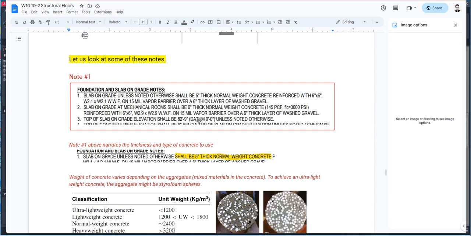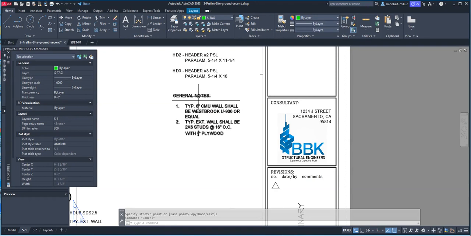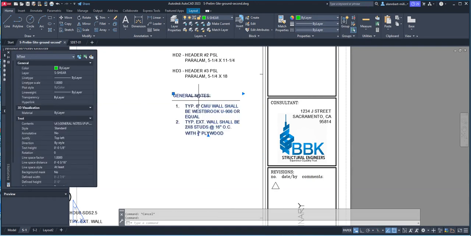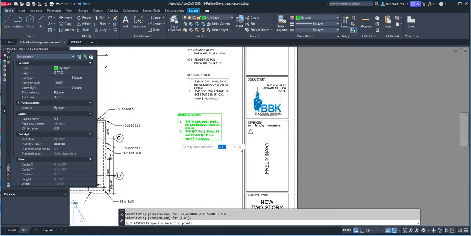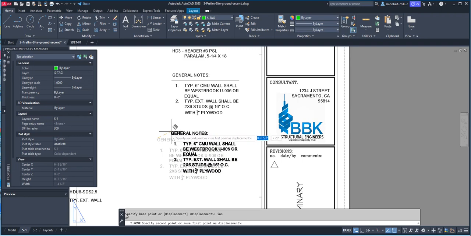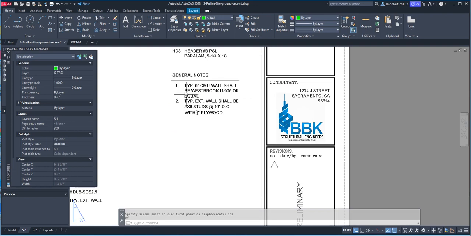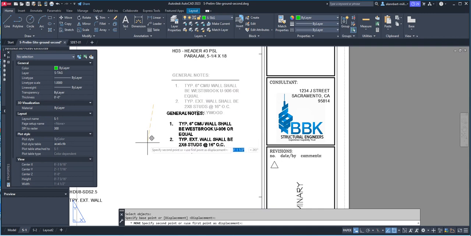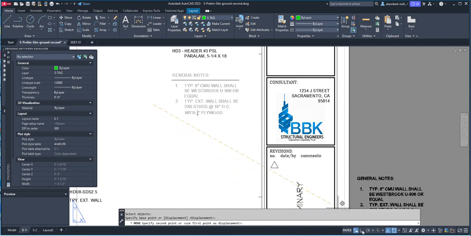Okay, so let's start with copying this. And we're going to copy it somewhere here. Let's try to align this. So we're going to move, and we're going to do the insertion, and insertion also of this one here. And we're just going to move enter last because it's one on top of the other, and make sure that your ortho is on.